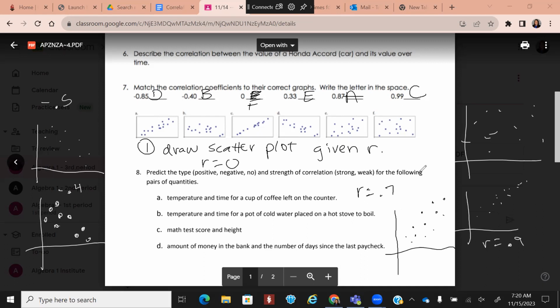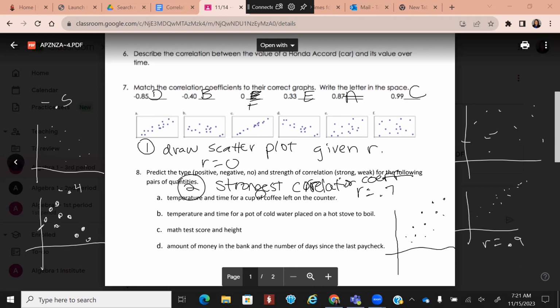Okay, the next question. So question number 2 on your mastery check is going to ask which one has the strongest correlation coefficient. Okay, this is asking for the R value. Correlation coefficient is the R value.